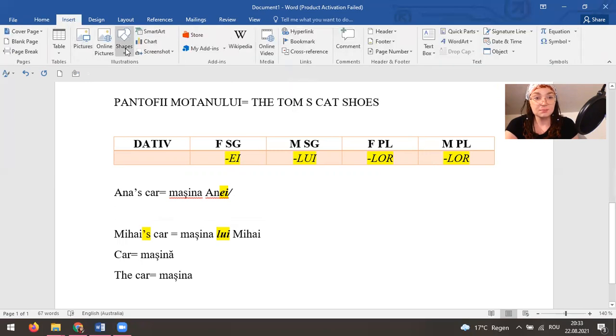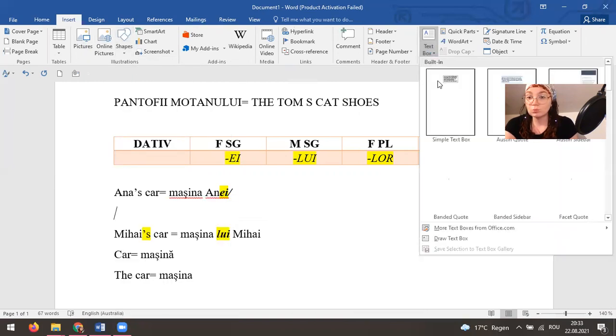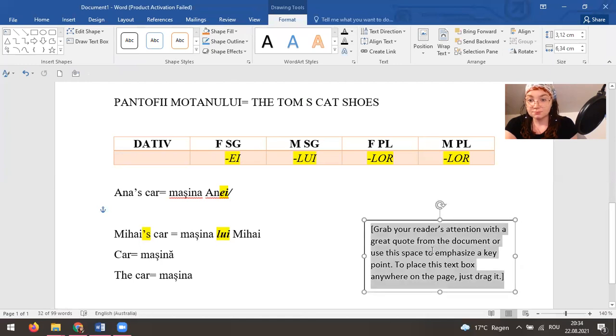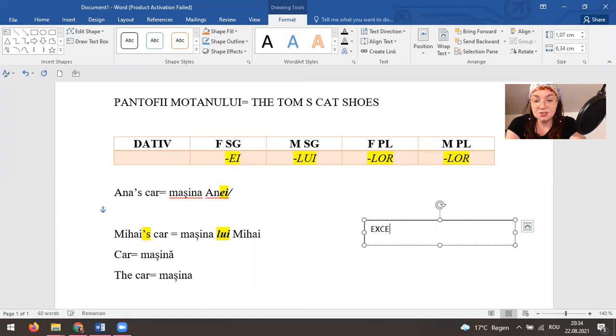Exceptions, and I want it like this. Excepții. For Romanian names, for girls' Romanian names that don't end with a, then we will say lui.